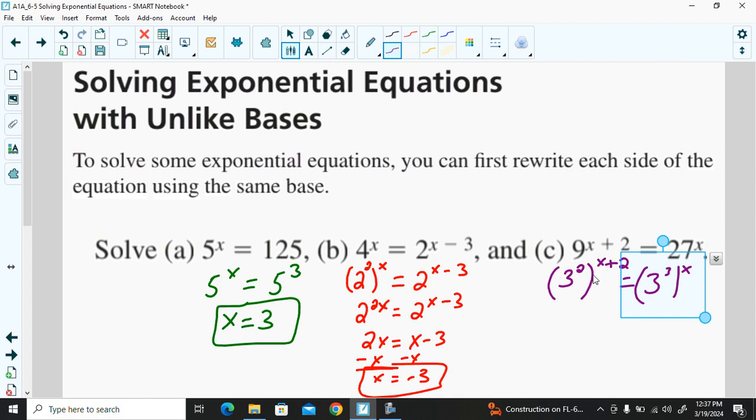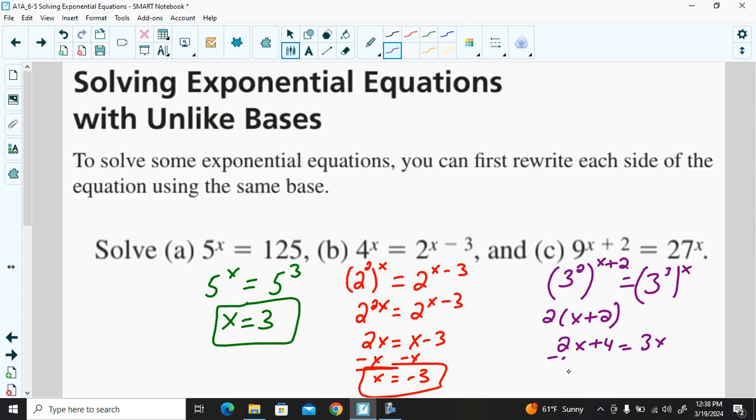Then I have to multiply. When we raise a power to a power, I have to multiply. So that becomes 2 times x plus 2. Remember that. 2 times x plus 2 is going to be 2 times x is 2x, so that's 2x plus 4 equals 3x.